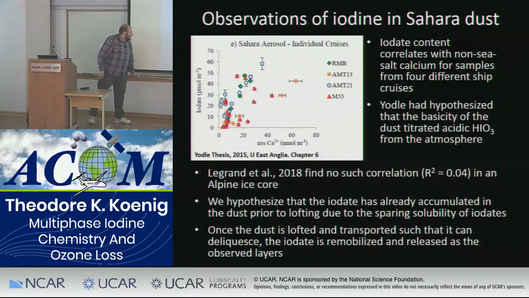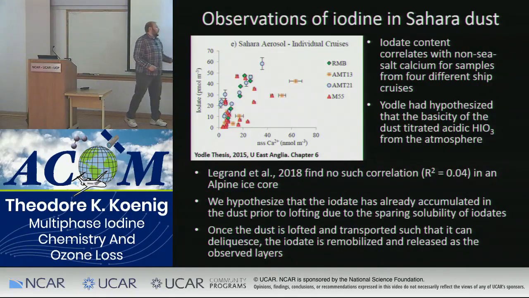Legrand et al., which was one of the glacier deposition papers, looked for such a correlation, and they find nothing. There's no correlation between calcium content, Sahara dust events, or anything like that with iodine. Their R squared ends up being 0.04.